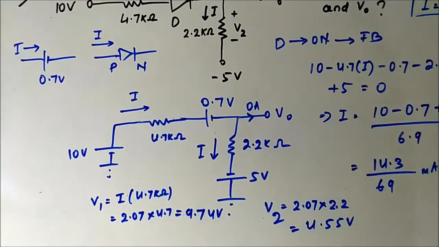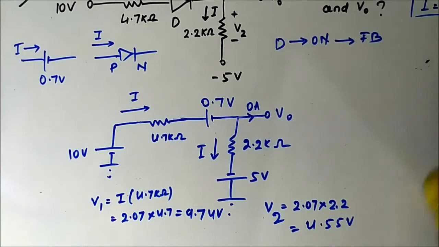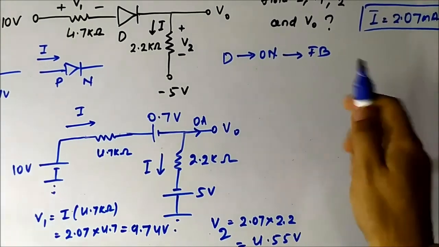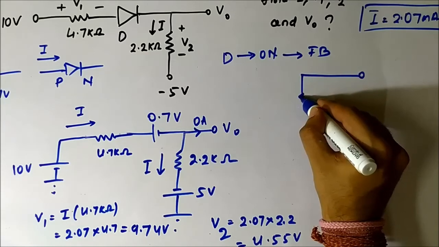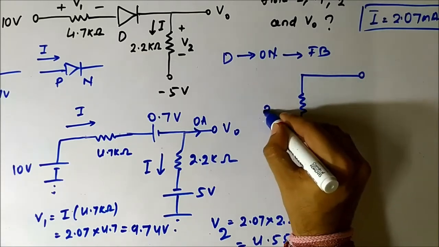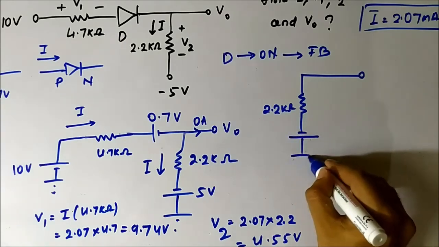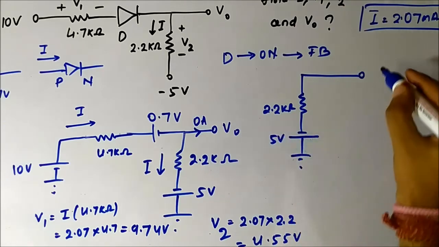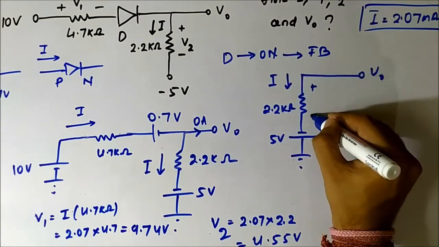Next is V0. Okay, so to determine V0, let me erase all these things. Okay, so V0 is this voltage. So if we put KVL here, V0, 2.2 kilo ohm, this is 5 volt, minus 5 volt, and this is V0, this is I flowing in this way.